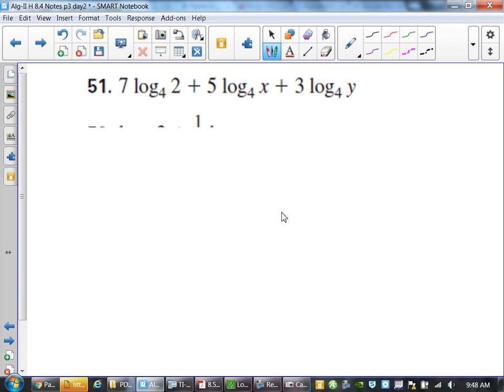That means everything's going to be multiplied together. When you see numbers in front of the logarithm, what does that mean happens to each one of those values after the log? It's the exponent. Very good. So I know that since these guys all have the same base, I'm going to have a log base 4 of 2 to the 7th, x to the 5th, y to the 3rd.